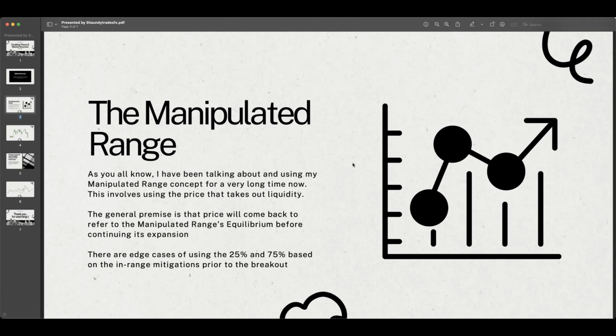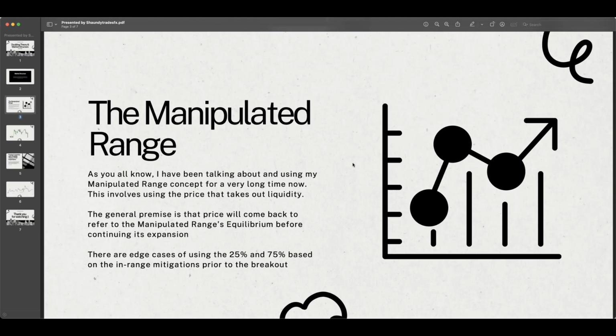The general premise is that price will come back to the manipulated range's equilibrium, the midpoint, before continuing its expansion. So for example, if you're going higher, we want to see it retrace down into the 50%, and of course you keep your stop loss below the low.